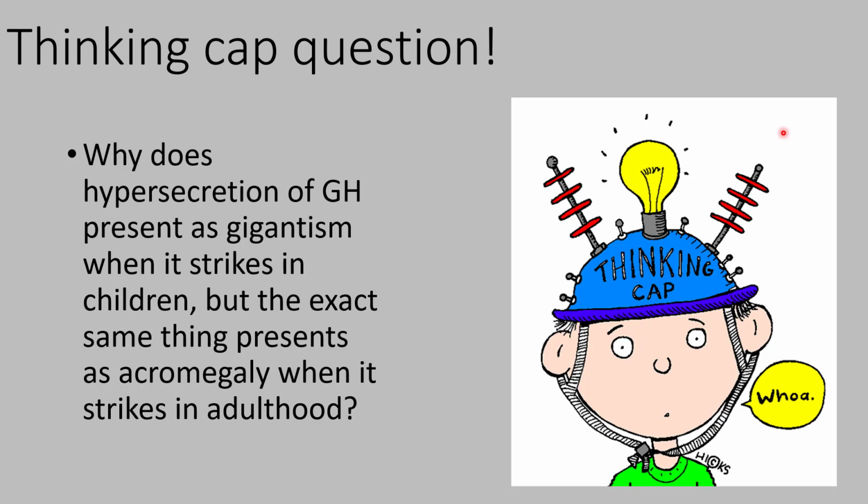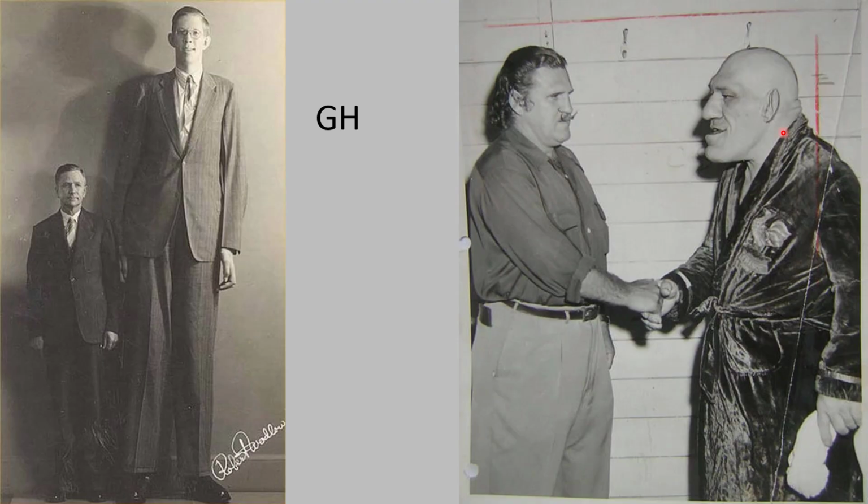So, why does hypersecretion of growth hormone present as gigantism when it strikes in children, but the exact same thing presents as acromegaly when it strikes in adulthood? Let's go back to our picture here. Both of these guys have hypersecretion of growth hormone.